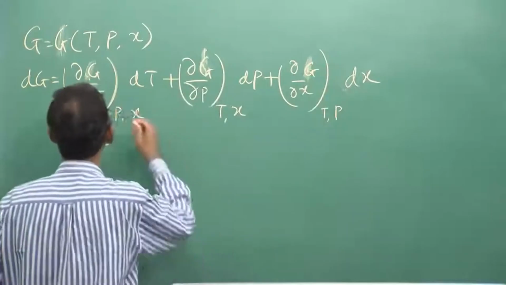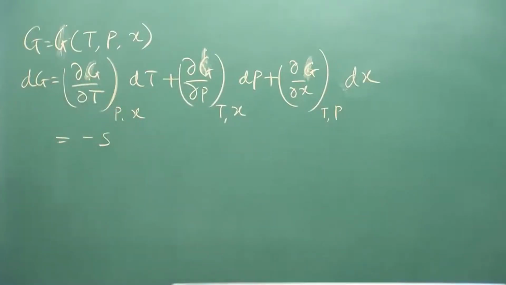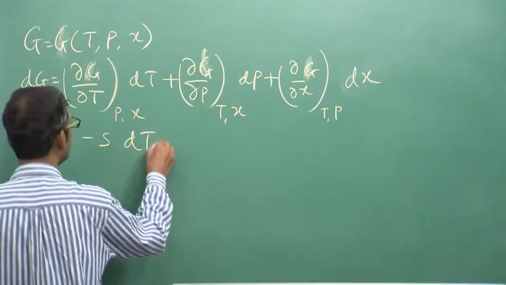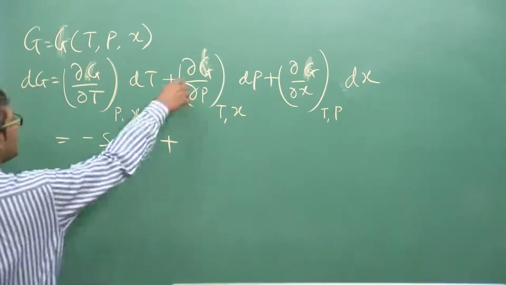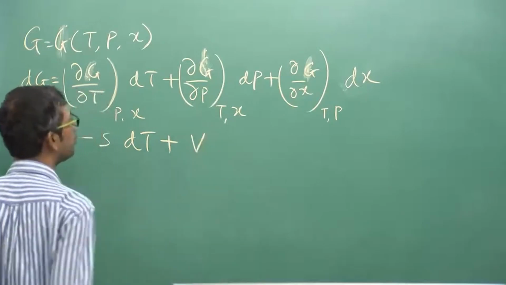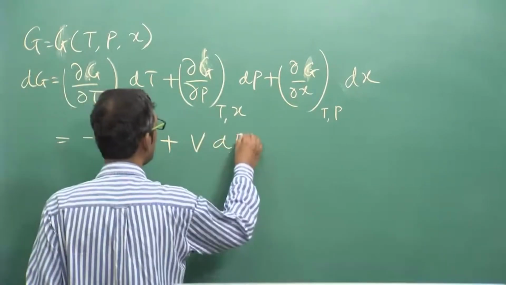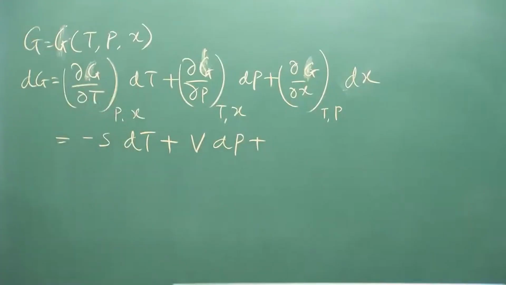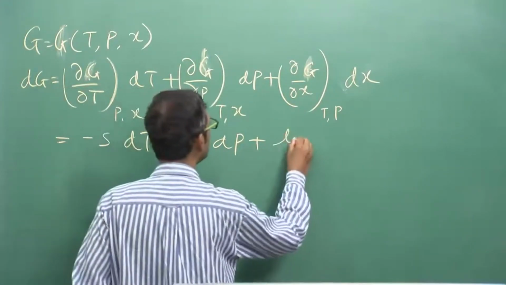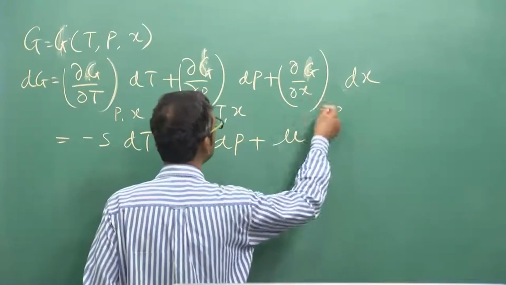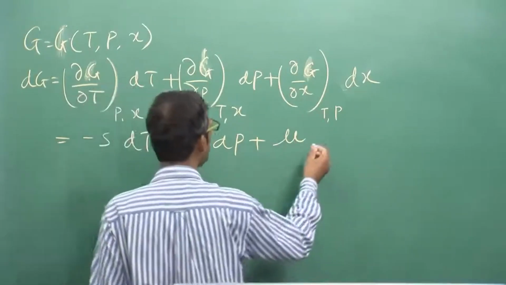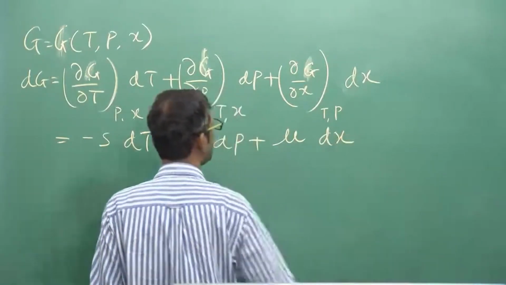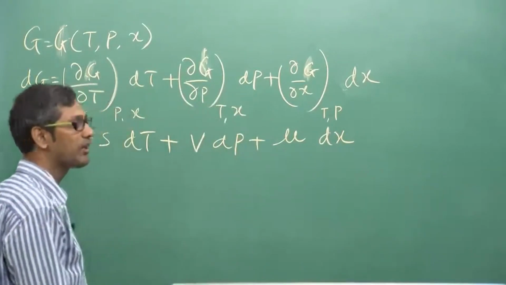So this del G by del T at constant pressure, we know that is equal to minus S. Even if you do not know, I will just write how it is done, plus this one is nothing but volume multiplied by dP. What about this term? This term is what is known as chemical potential, that is what we have been discussing. This is known as mu, mu of any component multiplied by dx. That is what we write.